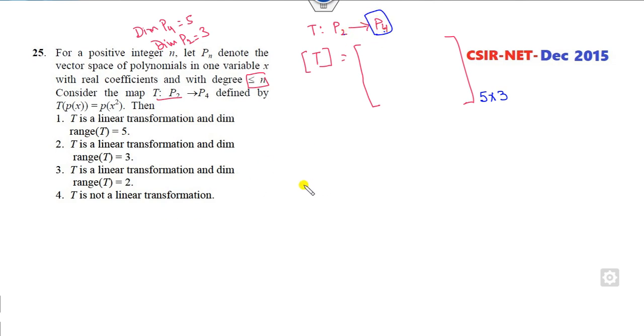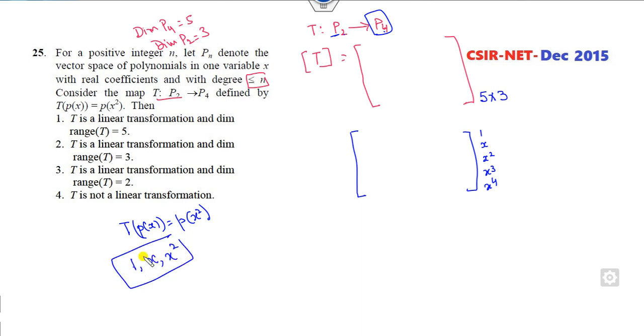What is the mapping given to you? The transformation is p of x squared. That's very simple. If I write this matrix here, 1, x, x square, x cube and x4. Now if I consider the mapping from P2, the elements are 1, x and x square.